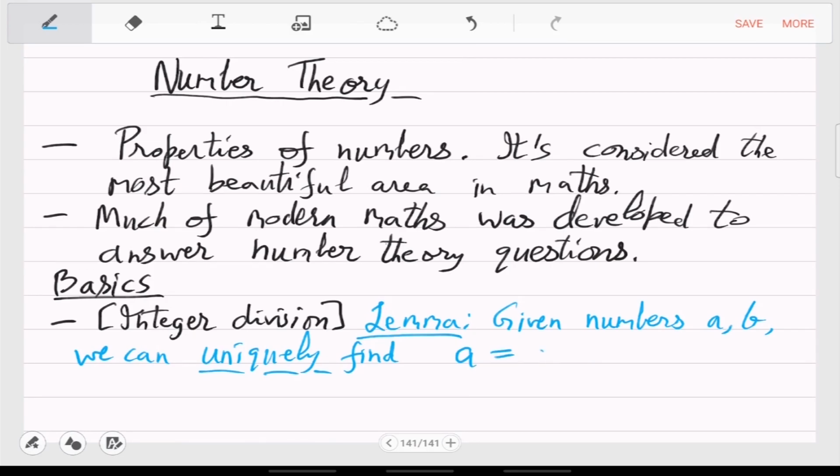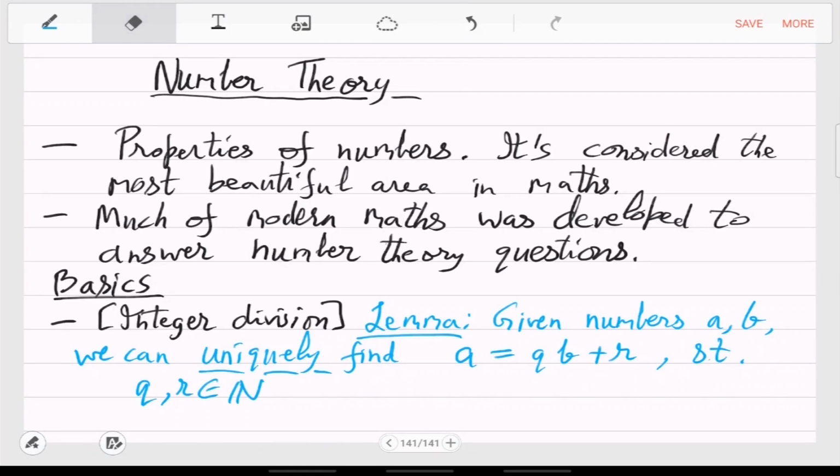So a equals qb plus r, such that q, r are integers, in fact natural numbers.